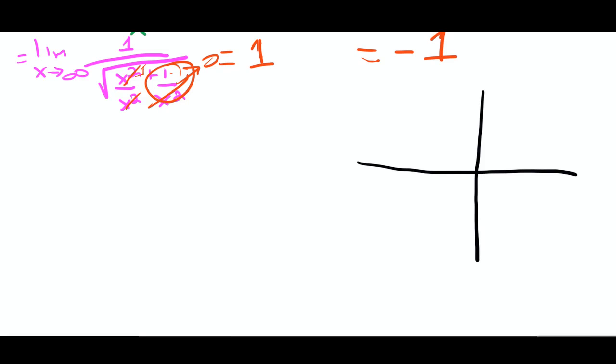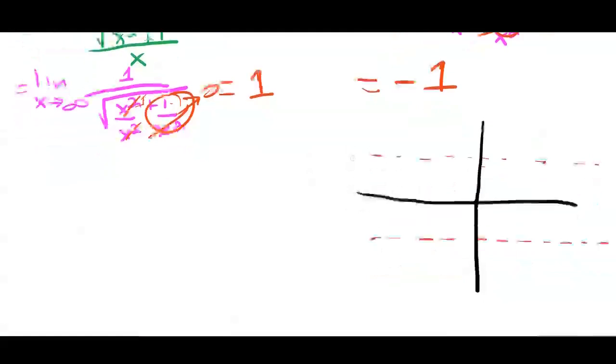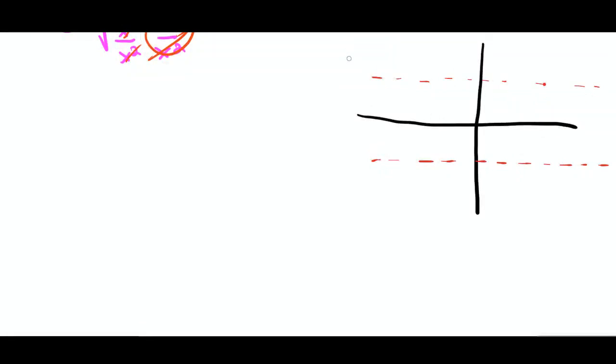What we have so far is a horizontal asymptote at +1 and a horizontal asymptote at -1. When x is going to negative infinity, it's going to be going down here, and when x is going to positive infinity, it's going to be going up here. Okay, so that's that.